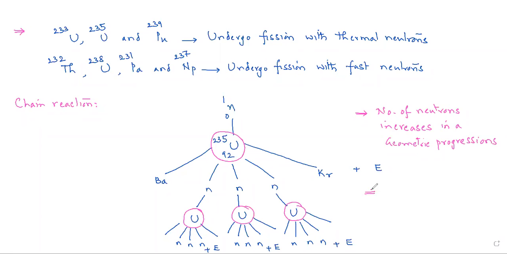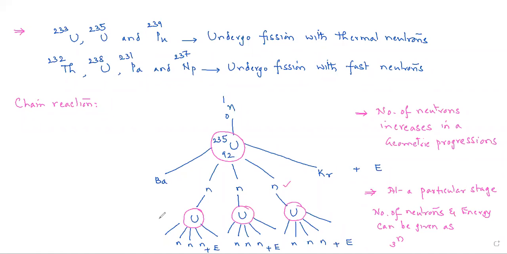Now, if you want, you can give a relation. At a particular stage, the number of neutrons, and of course energy, can be given as 3 power n.